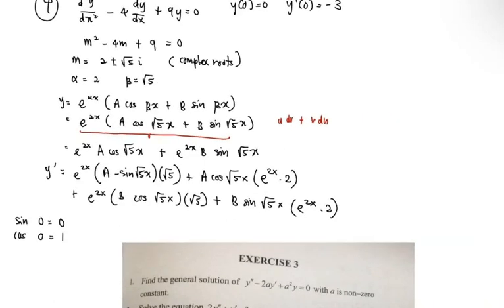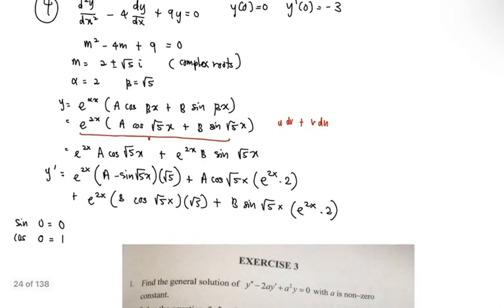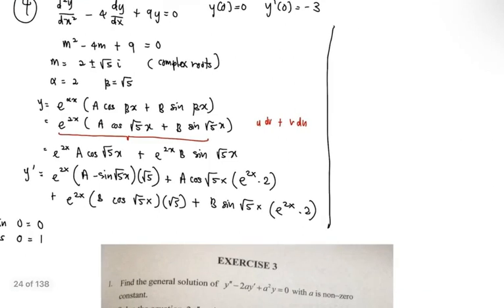We have two initial conditions: y(0) equal to 0, y prime(0) equal to minus 3. For y, y(0) is 0.